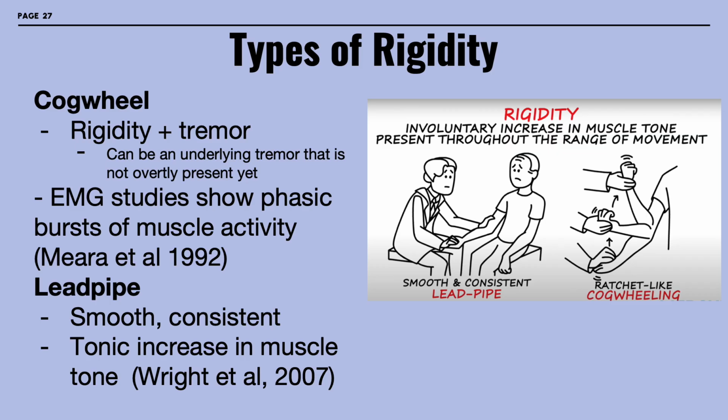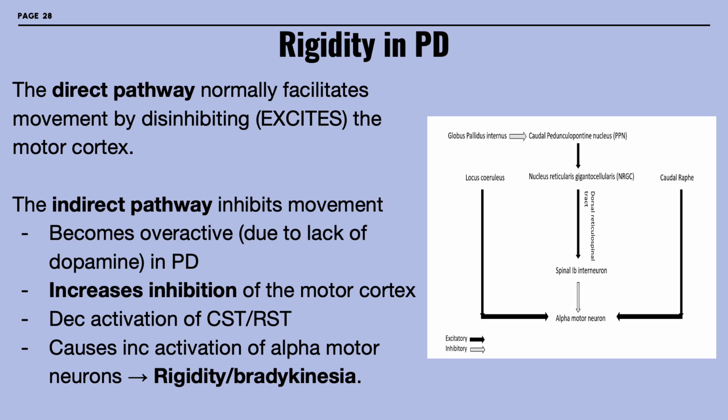With the different pathways involved in Parkinson's disease, we'll review both of them. There's something called the direct pathway, normally facilitating movement by disinhibiting, so exciting, the motor cortex. Then there's your indirect pathway, which inhibits movement in the brain. It becomes overactive due to a lack of dopamine in Parkinson's. There's increased inhibition of the motor cortex, which decreases activation of the CST, and the reticulospinal tract causes increased activation of those alpha motor neurons, leading to rigidity and bradykinesia.